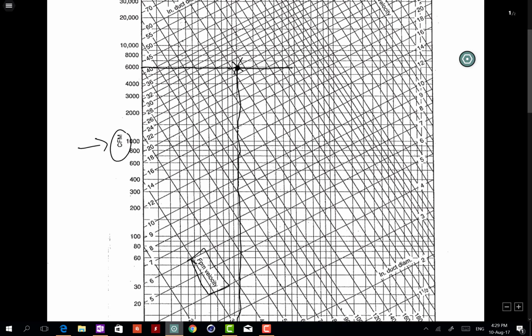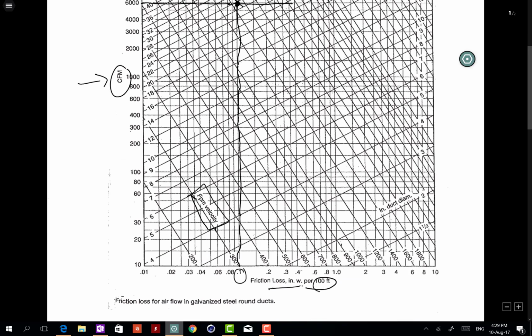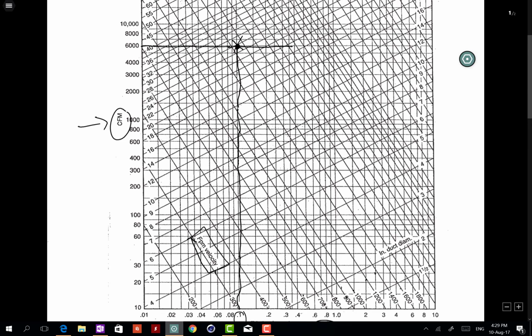So the value here corresponds to 300, 400, 500, 600, 700, 800, 900, 1000, 1002, 1004, between 1004 to 1006. So we drag it into the axis.